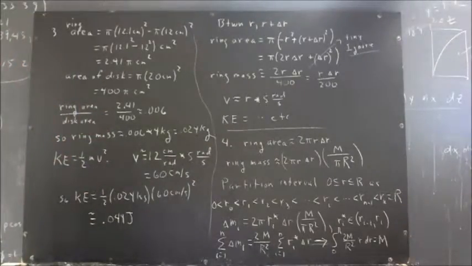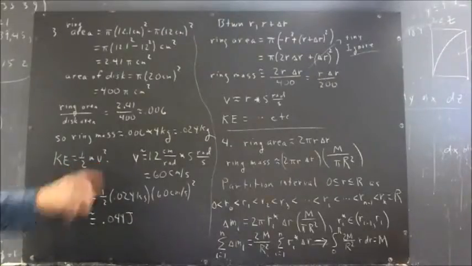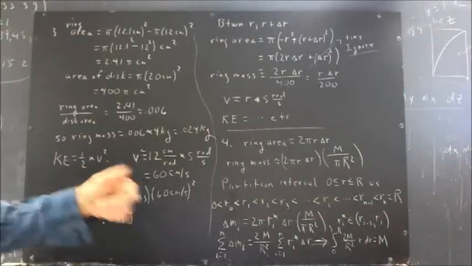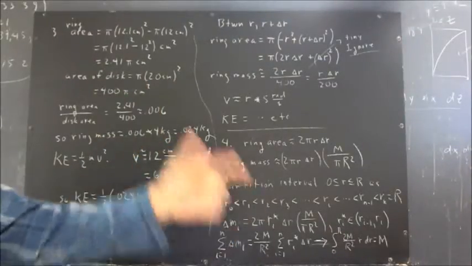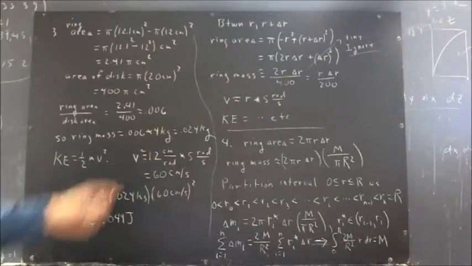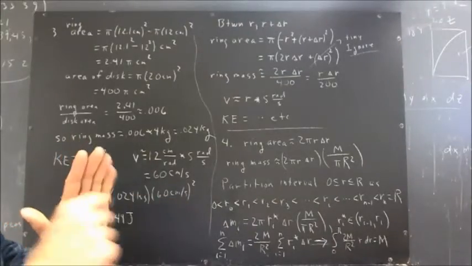Okay. Now, the kinetic energy of that mass is 1/2 the mass times the square of its velocity. What's its velocity? Well, we know that this ring is rotating at 5 radians per second, so its velocity is approximately equal to the velocity of a point 12 centimeters from the center.